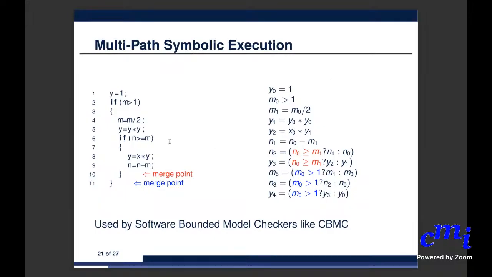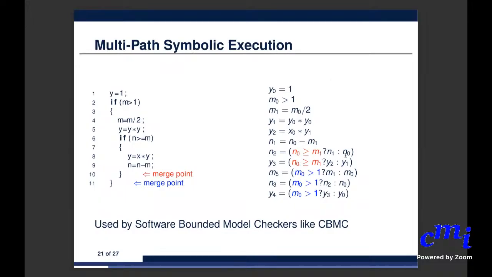And now at each point where the if conditions merge, you introduce a new variable. For example, N2 here merges N1 and 0. N2 says if N0, the initial value of N, is greater than or equal to M1, because M1 is the value that the condition on line 6 sees, if that is the case, then it is N1, the latest value.